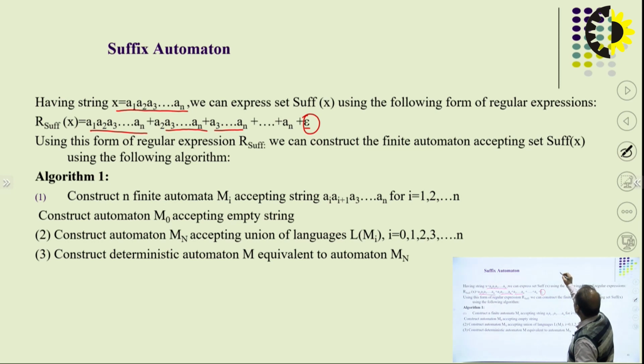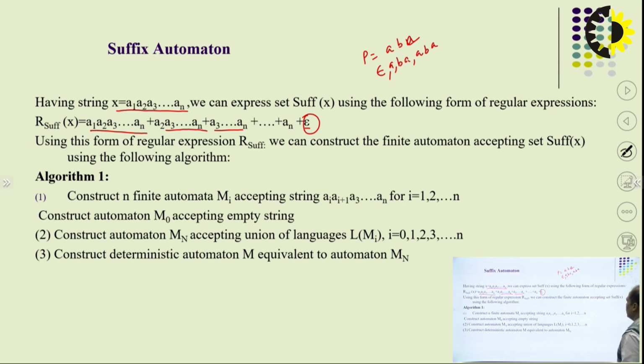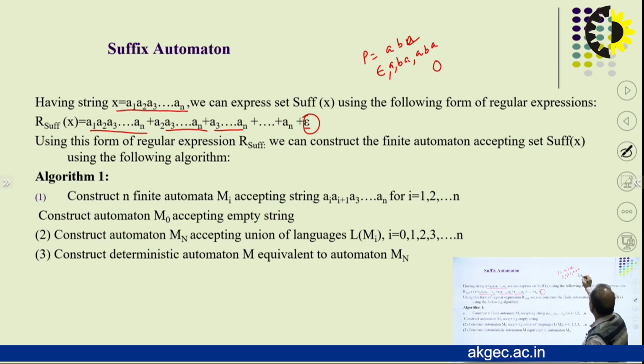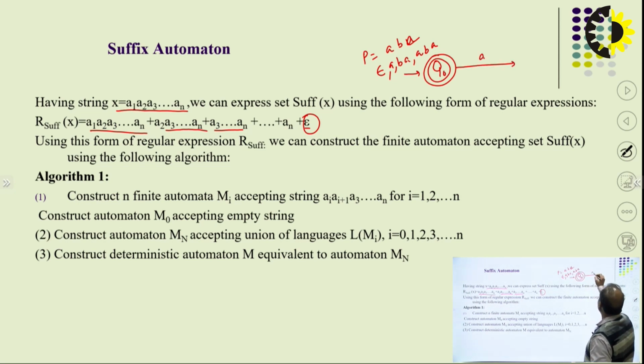So suppose, for example, we consider the pattern ABA, right? What are the suffixes of this pattern? The suffixes are epsilon, then A, then BA, and then ABA, right? So you know what is happening. Then we have to design a non-deterministic automaton, accept epsilon, and make the starting state final. Then A leads to another accepting state, right?